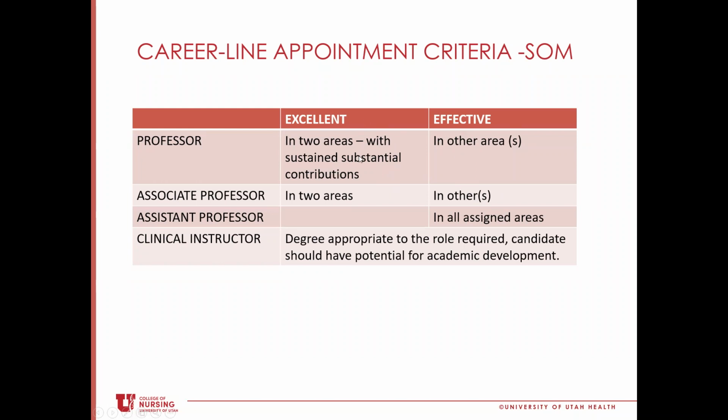So you can see a little bit of nuance and difference in how these departments do this: the School of Medicine needs excellence in 2 areas, and the College of Nursing is excellent in 1 area, but it's really excellent in all of them, because that very good category spans somewhere between effective and excellent. So this is, I think, where some of the confusion lies for people seeking promotion. But I'm hoping that this at least gives you some framework for that.